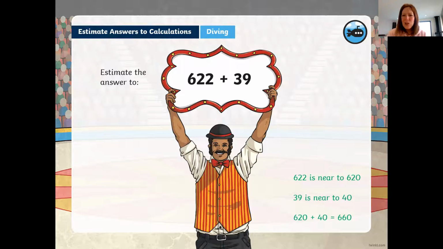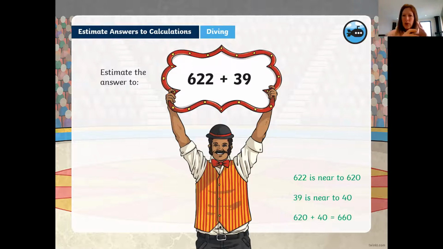622 is near to 620, so it's close. We round it to 620, the nearest 10. 39 is near to 40. So if I take my 620 and my 40, my estimate should be 660.